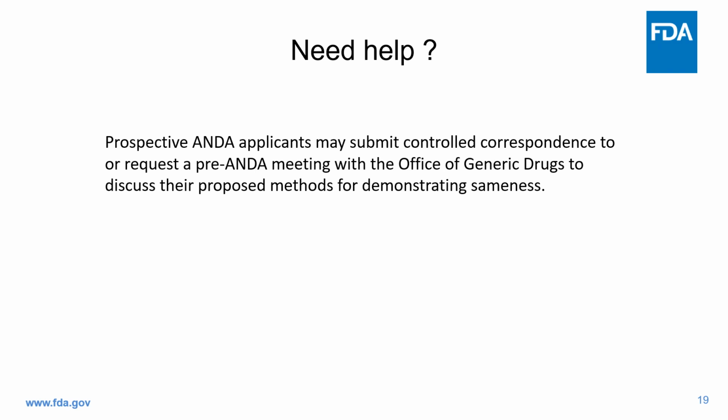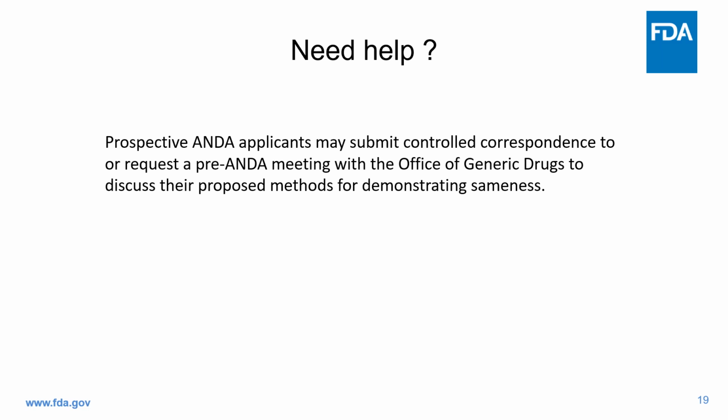The agency recognized that development of the oligosaccharide complex APIs can be very challenging. That's why the prospective ANDA applicants are encouraged to contact us. You can submit the controlled correspondence or request a pre-ANDA meeting with the Office of Generic Drugs in order to discuss your proposed methods for demonstrating the sameness.